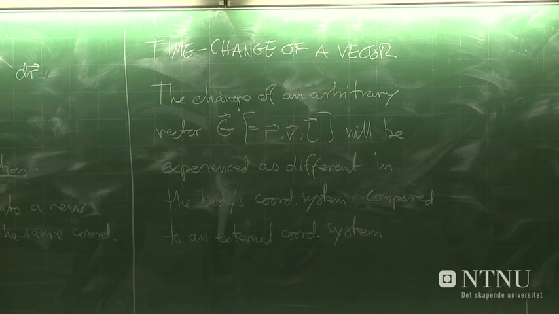So the rate of change with time of an arbitrary vector g will in general be perceived as being different in the coordinate system attached to the body center of mass, for instance, as compared to a stationary or external coordinate system.